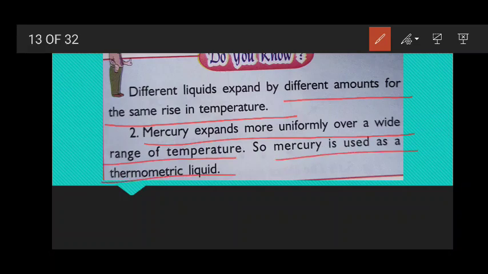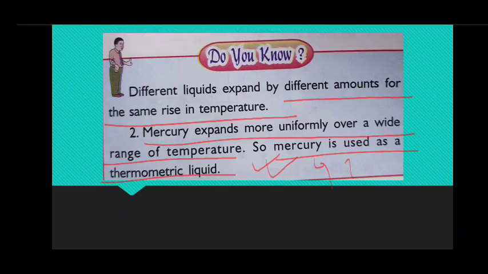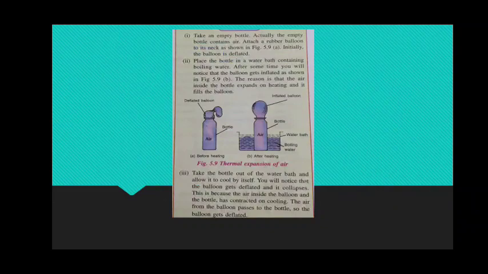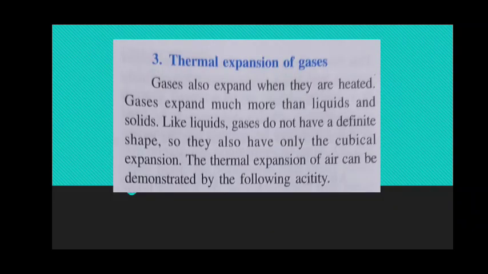So this is a very important question here, why is mercury used as a thermometric liquid? The answer will be mercury expands more uniformly over a wide range of temperature. That is why mercury is used as a thermometric liquid.